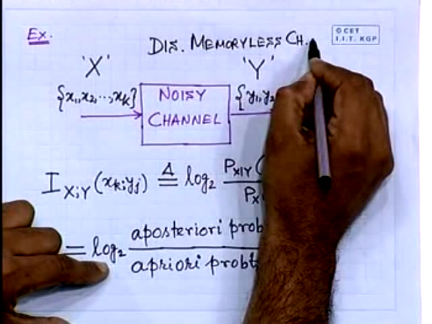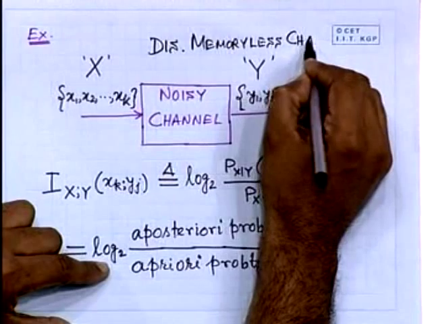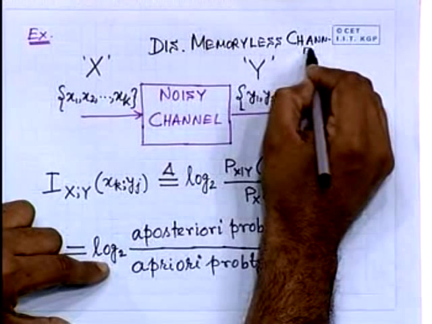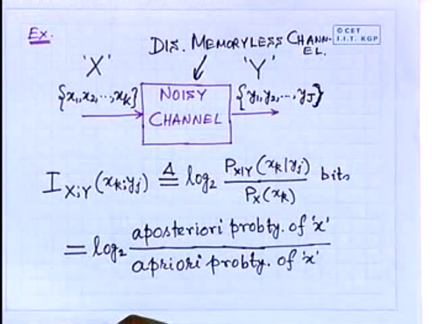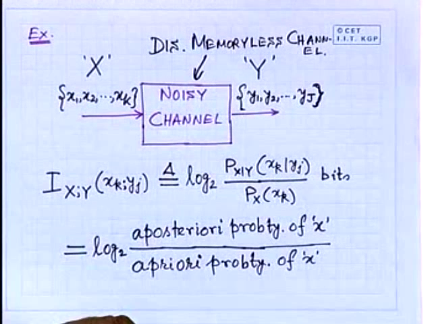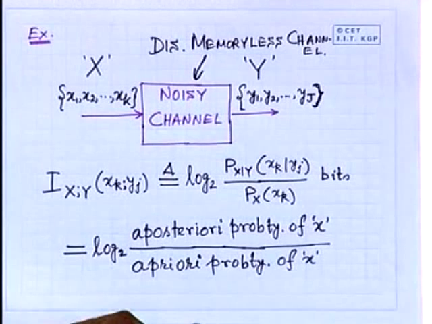Why memoryless? This channel for our purposes we will mostly model as a discrete memoryless channel, though in general a noisy channel may also have memory. For ease of understanding, we will consider a discrete memoryless channel. The channel is discrete, it accepts discrete symbols at its input and delivers a discrete symbol at the output, and it's a memoryless channel.